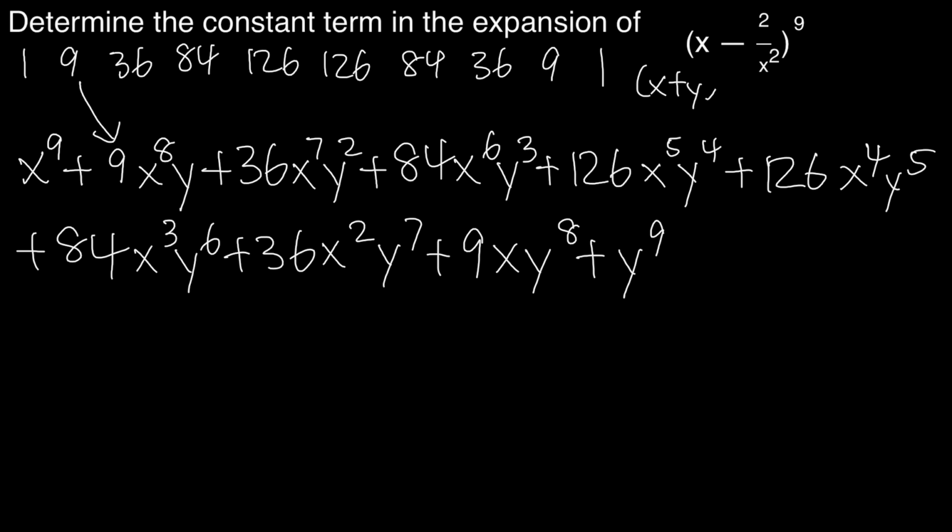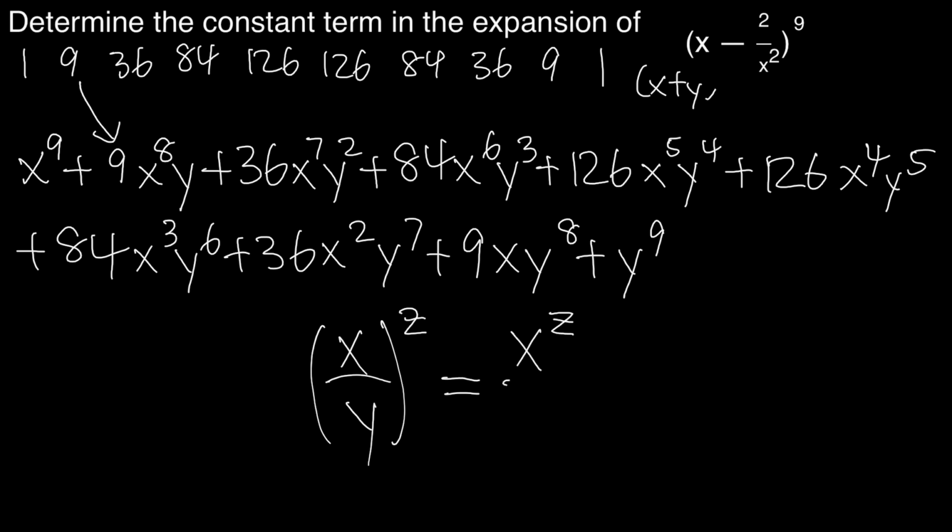And we are going to use a property of exponents. If we have a fraction, let's say the hypothetical fraction x over y to the zth power, then the resulting number is going to be x to the zth power over y to the zth power. So we're going to use that.